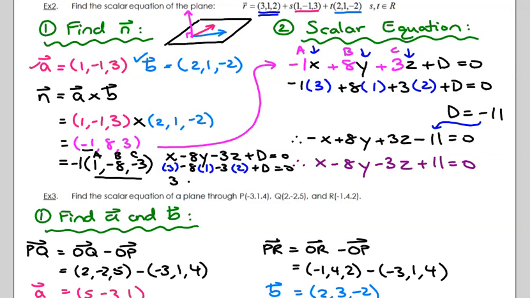I'll get 3 minus 8 minus 6 plus D equals 0. And what is that? Negative 14, negative 11. D will equal positive 11. So in other words, I'll get my positive 11, my 1x, negative 8y, negative 3z.